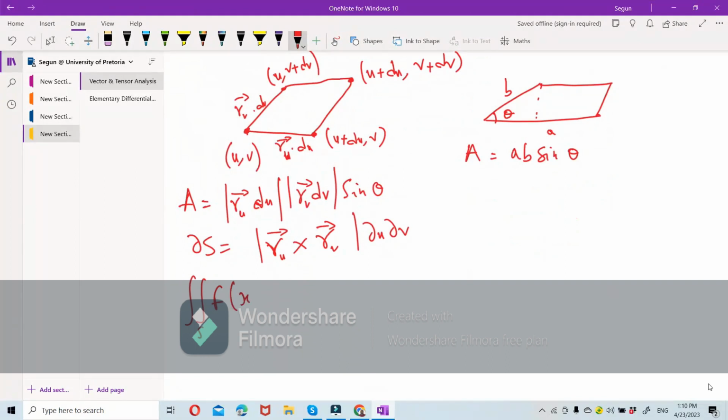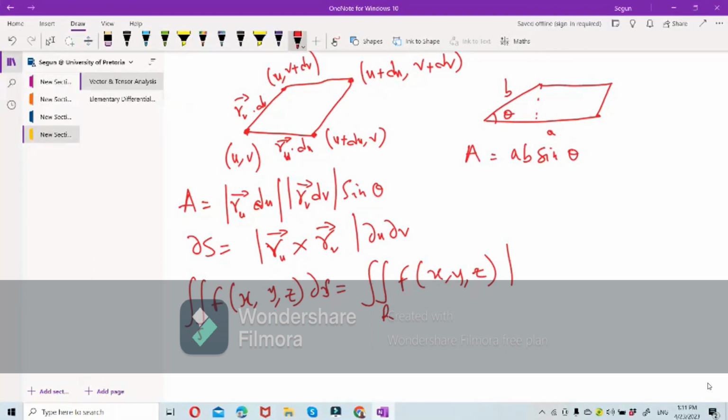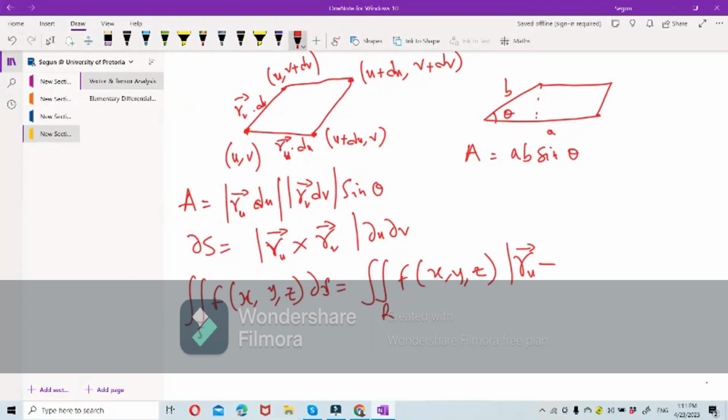It is equal to, now that I know everything, the integral over the region, from the surface to the region, of f of x, y, z times the absolute value of r_u cross r_v, du dv.